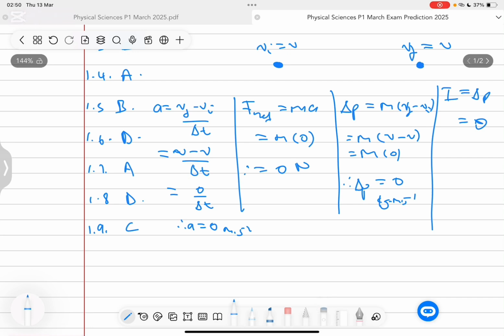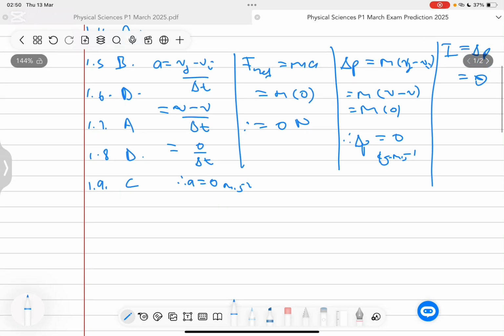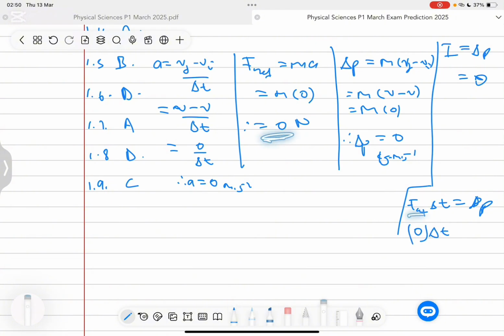Even if we use the equation, the net force times change in time, which is the impulse, you will find that our net force is 0 and we have change in t here, because we said our net force is 0. So you will still get the change in p to be 0, or the impulse to be 0.